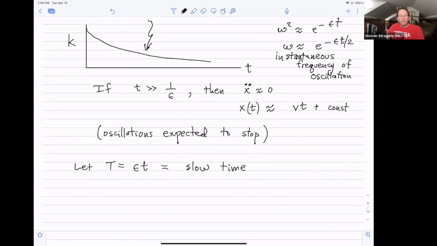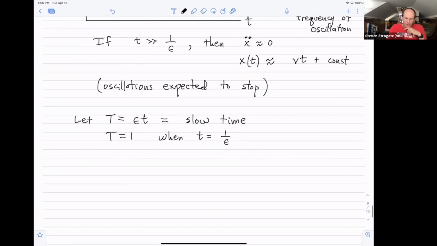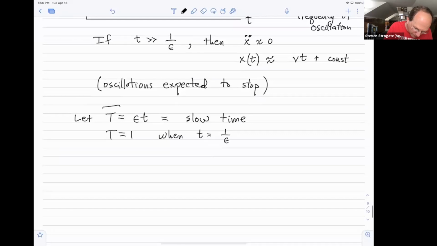It's slow in the sense that T equals 1 unit of slow time when t equals 1 over epsilon, which is a very long ordinary time. That's like measuring time in centuries or millennia instead of minutes or seconds.